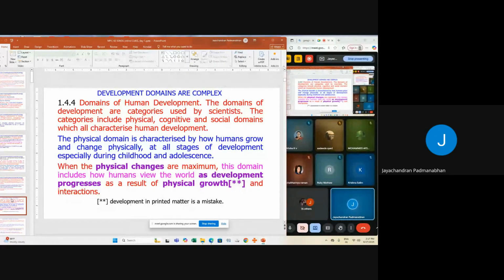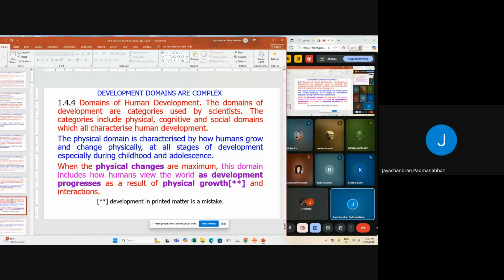Development domains are complex. Domains of human development: the domains of development are categories used by scientists. The categories include physical, cognitive, and social domains, which all characterize human development. The physical domain is characterized by how humans grow and change physically at all stages of development, especially from childhood to adolescence.